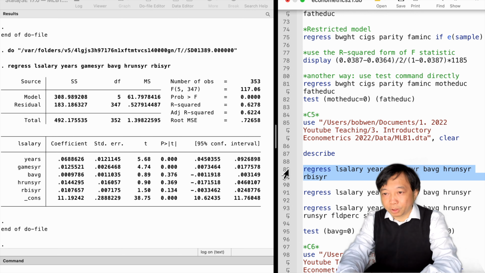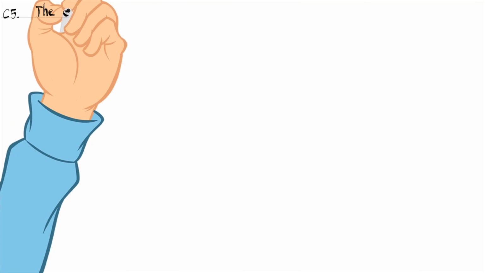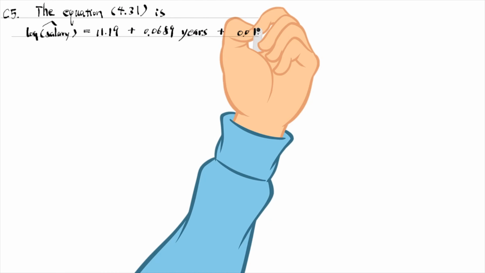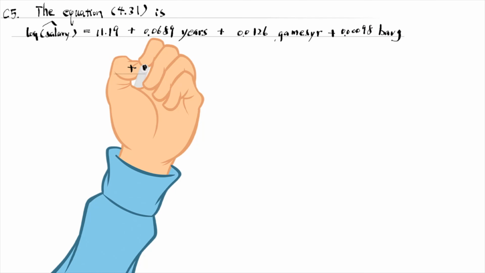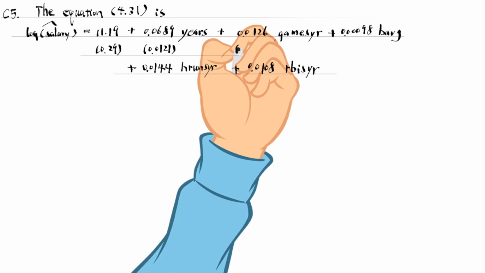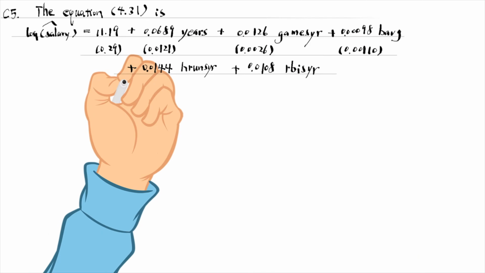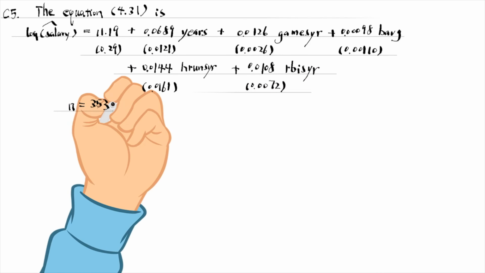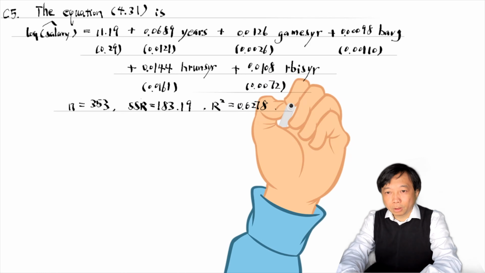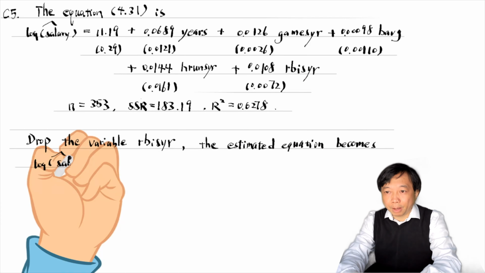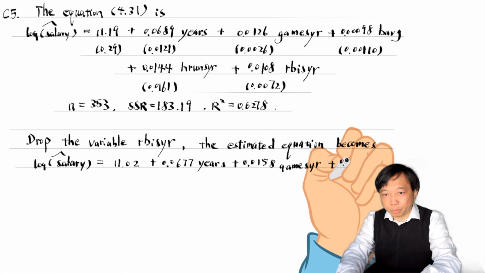The original estimated equation is as follows. Drop the variable of the runs batted in per year, and we have the following estimated equation.